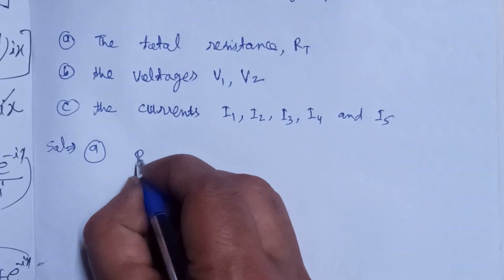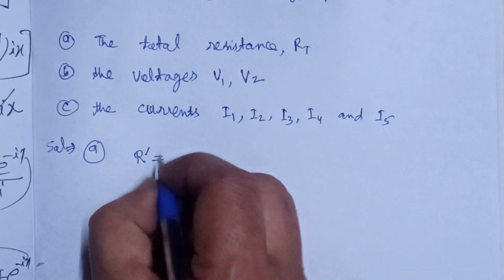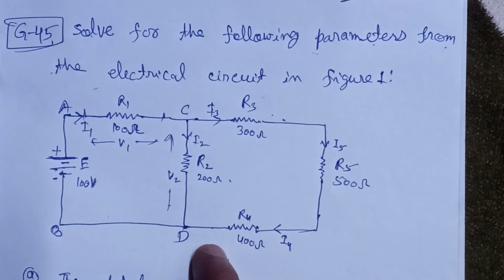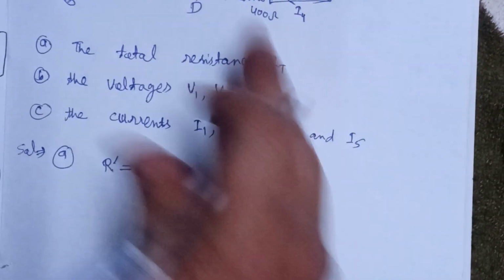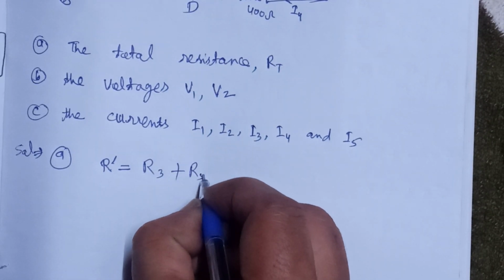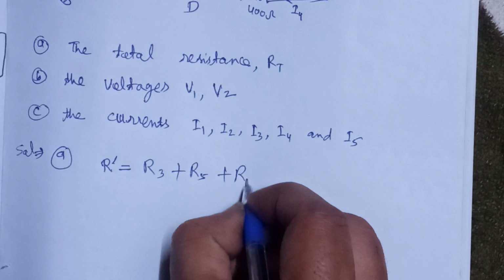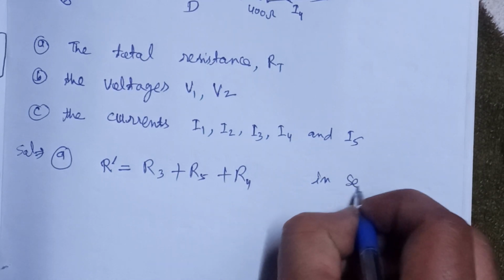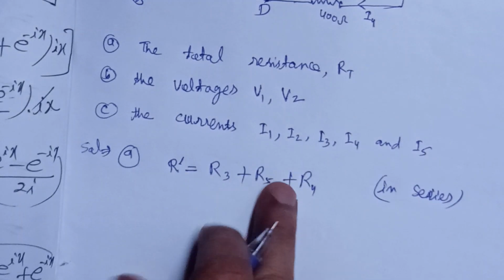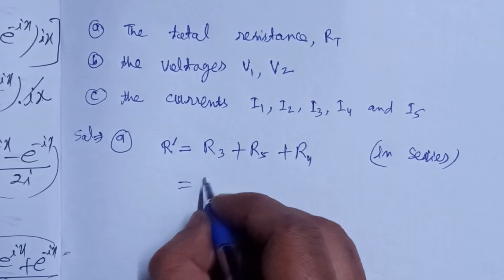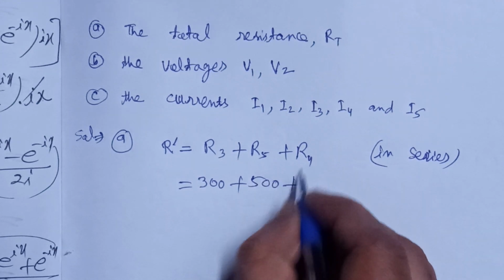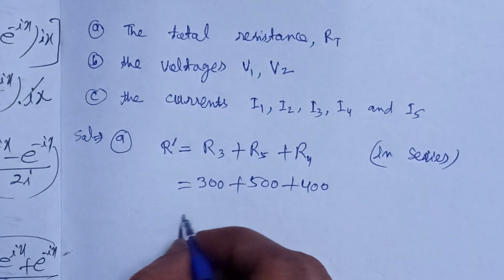Because these resistances are in series, we add them directly. The value of R3 is 300, R5 is 500, and R4 is 400.